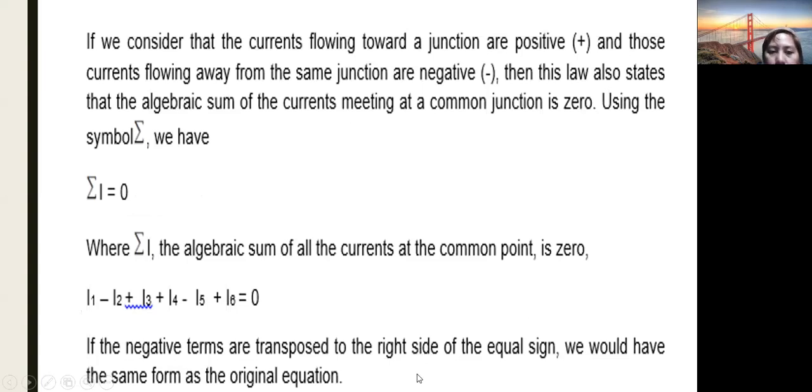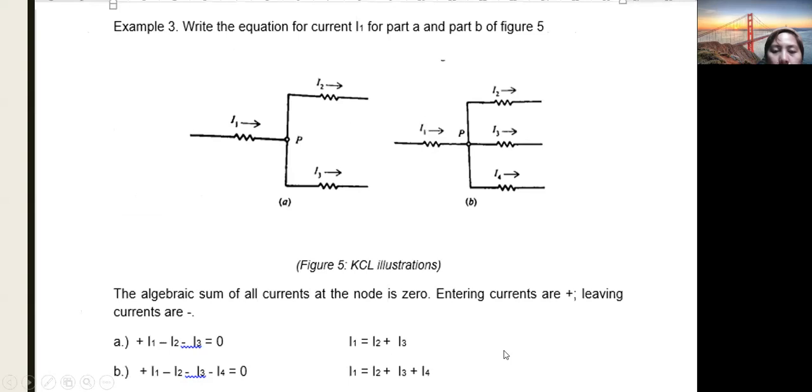Okay, let's have example 3. Write the equation for current 1. This is the current 1. This is the junction. So again, the sum of all the currents entering the junction is equal to the sum of the currents going out from the junction.